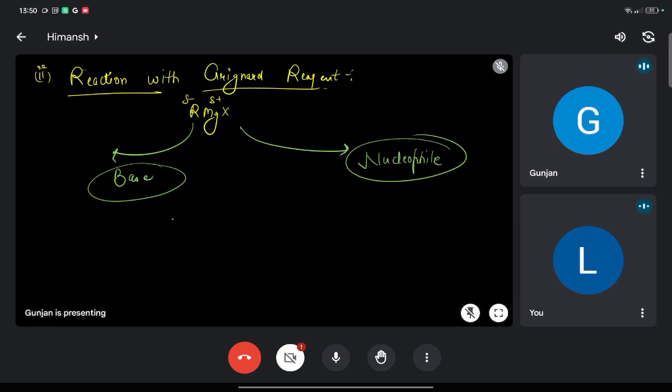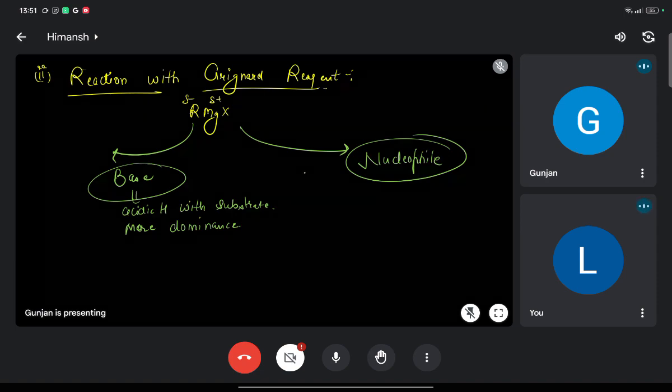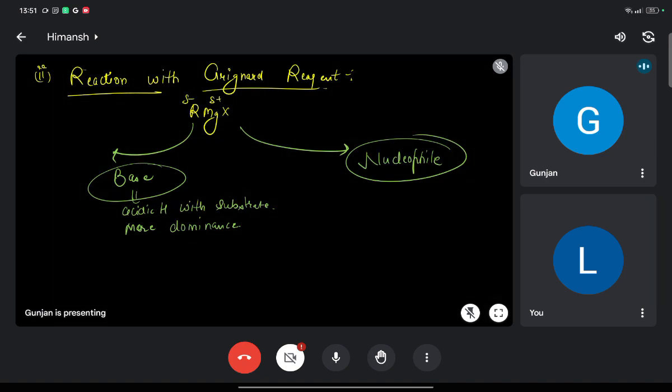If acidic H is present in the substrate, it will behave as a base, which is more dominant, so you have to give priority to the basic nature of Grignard reagent.